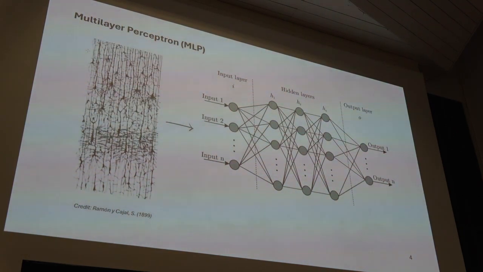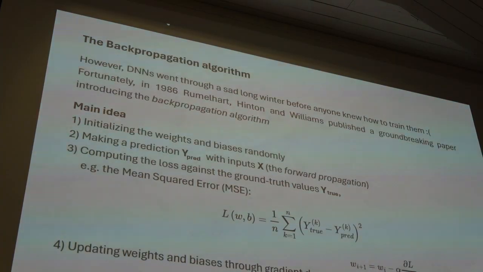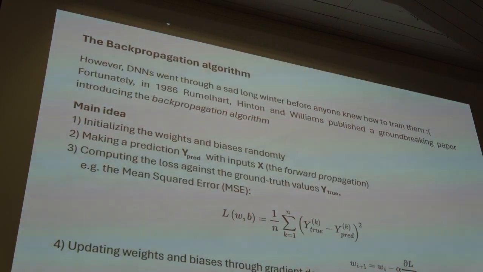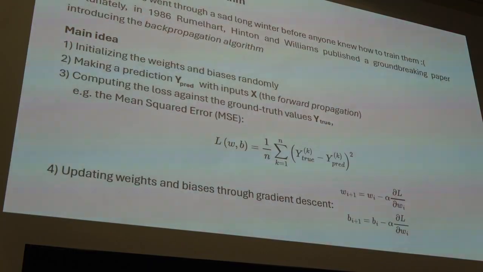And we train the network by comparing the outputs with the labels of our data set. The first step of any machine learning algorithm is just to compute the difference between the true value and the predicted value, square it, and then take the mean over all of the instances.